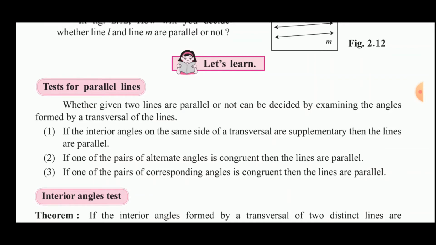Second, if one of the pair of alternate angles is congruent, then the lines are parallel. And third, if the pair of corresponding angles is congruent, then the lines are parallel.